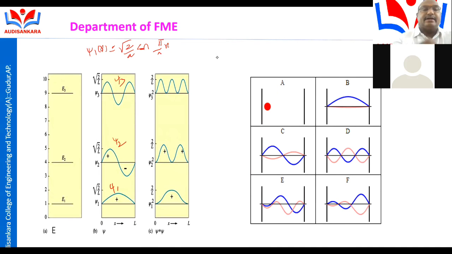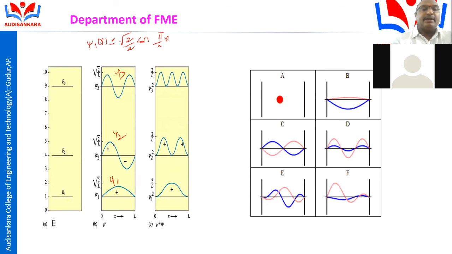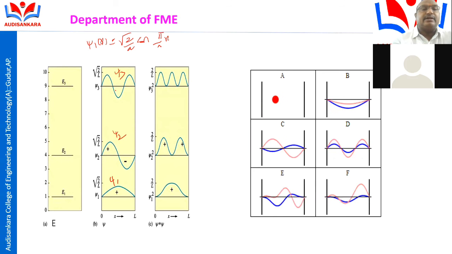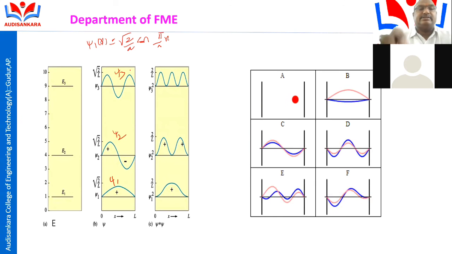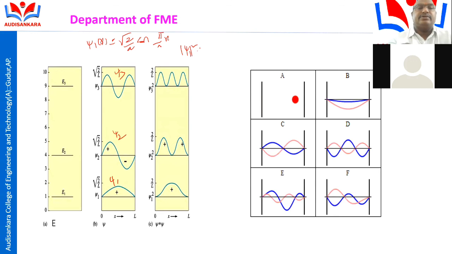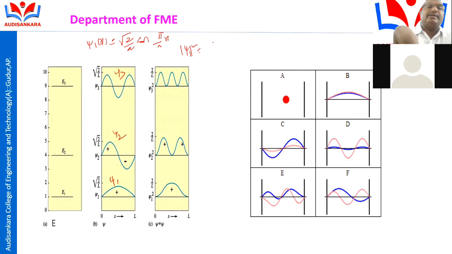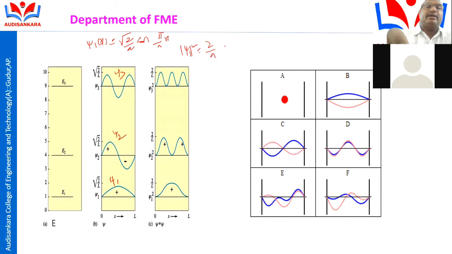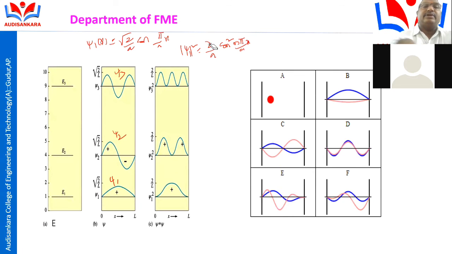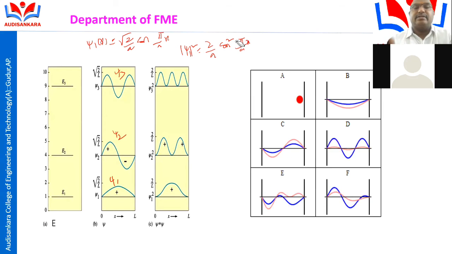Yes, and 2 pi means the 1 pi and 2 pi, and 3 pi means it is the value of above cycle, crest and trough. But here it is a modulus: mod psi 1 square is equal to root value and square cancel, 2 by a sin square n pi by a into x, with 1 substituted.